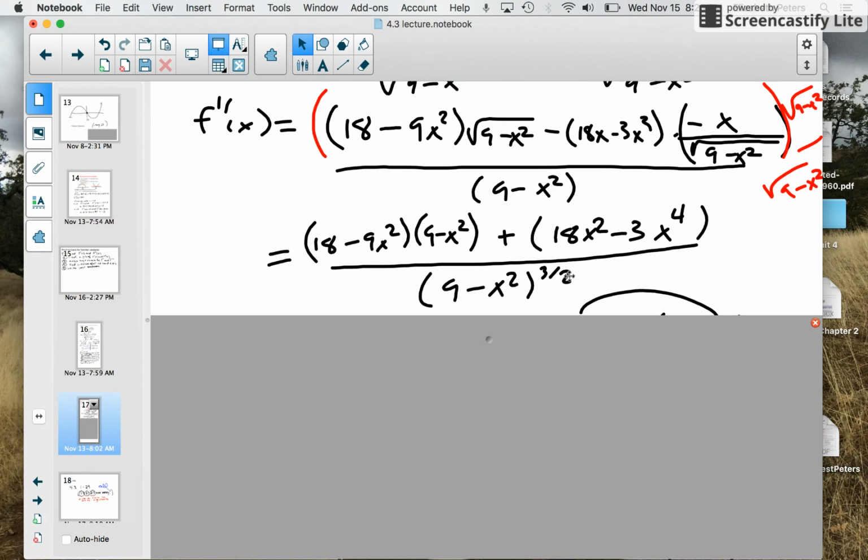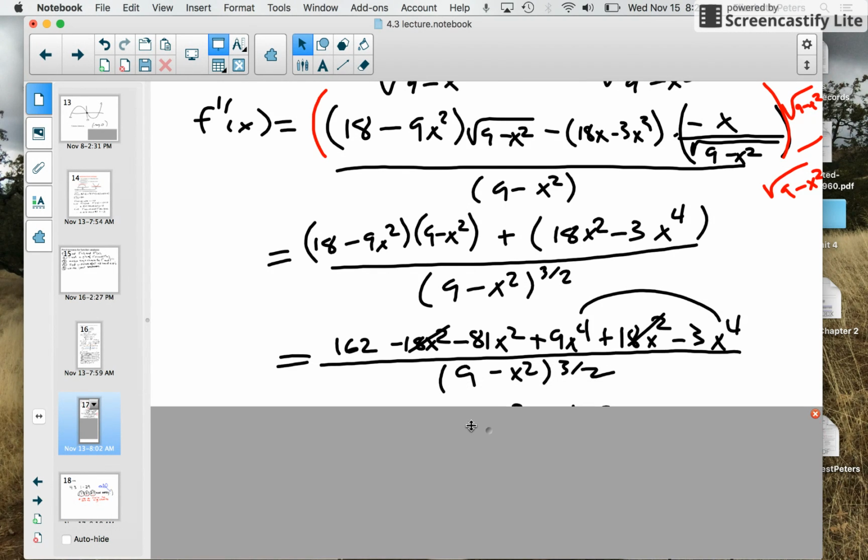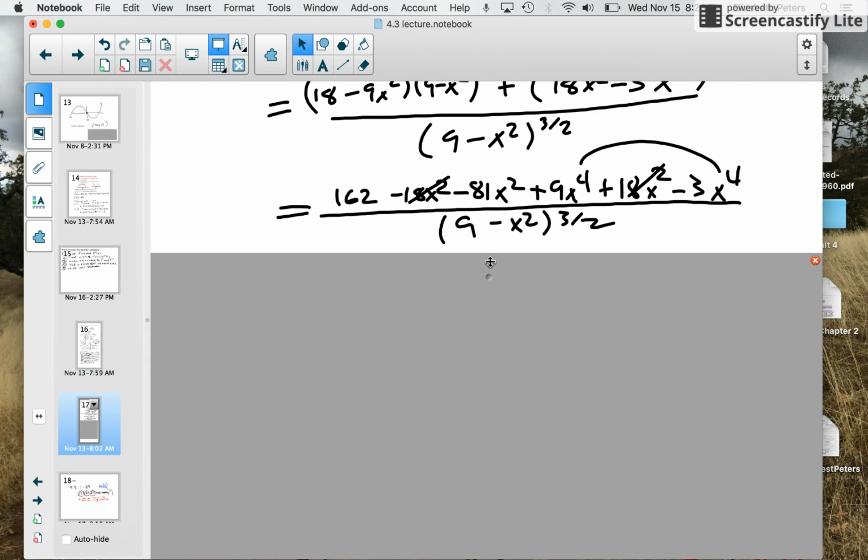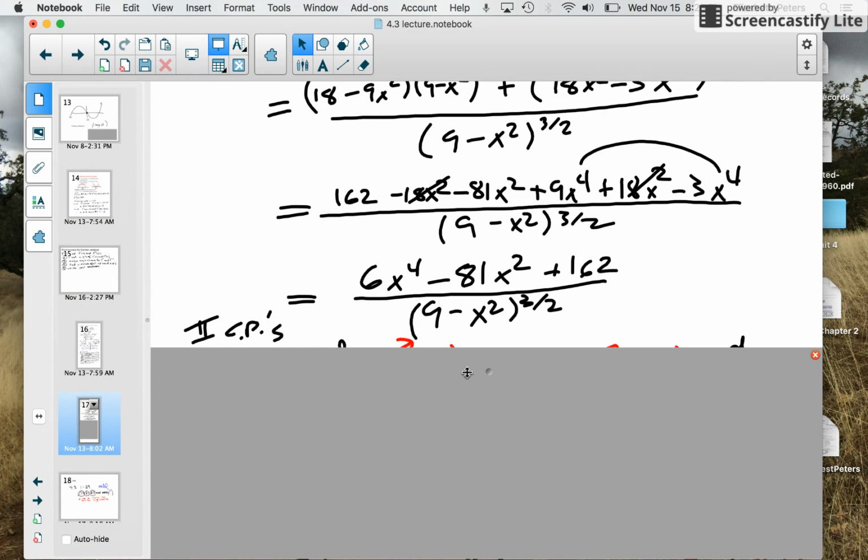And so that gets us here. Okay, once we're here, we simplify the numerator. We can cancel some things out, do some combining of like terms, and we get here.